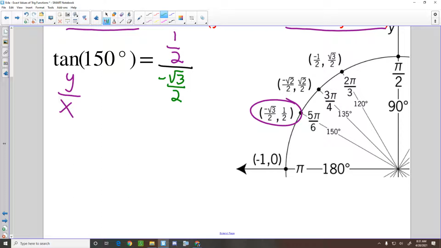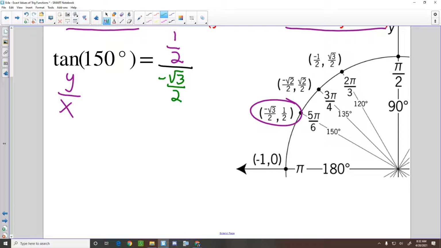Now, we obviously don't want to leave our answer like this. This is what we called a complex fraction in our last unit. But there's a really nice, easy solution to this. If you recall, dividing by a fraction is the same as multiplying by the reciprocal.